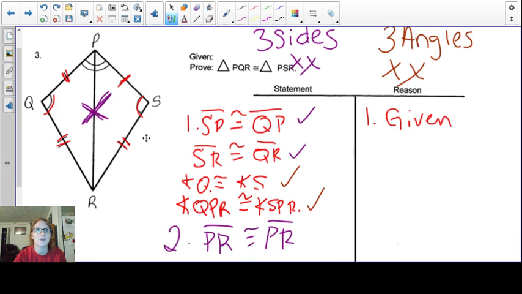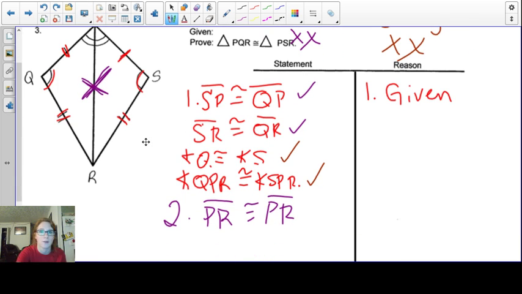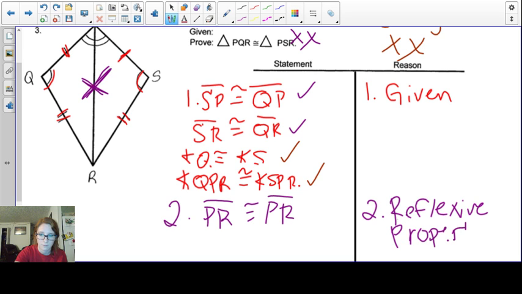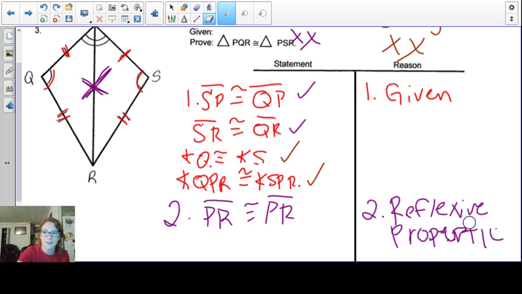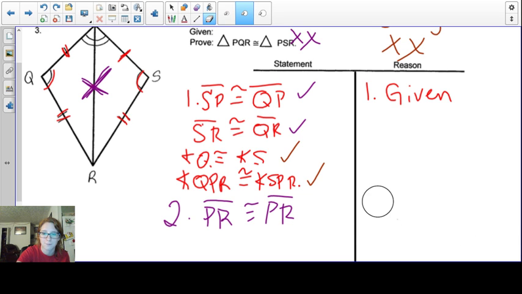So I use PR in both triangles. Because of that, I can say it's equal to itself. Well, what gives me that? That reflexive property. Wow, I cannot write today. Let me try this one more time, guys. It is not working out for the writing today.